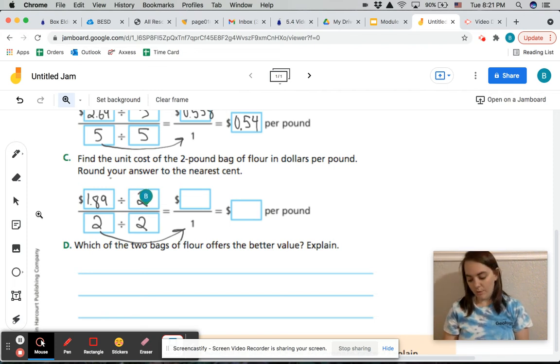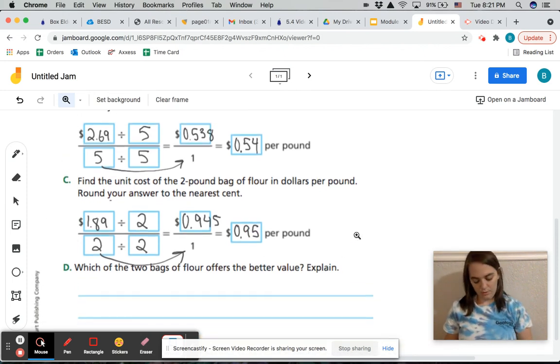So now we have $1.89 divided by 2, which is 0.945. We're going to round this to the nearest cent, so it's going to be 0.95. So 95 cents.